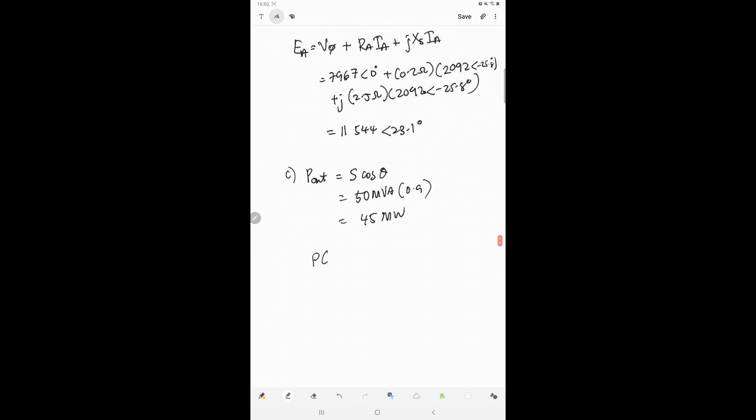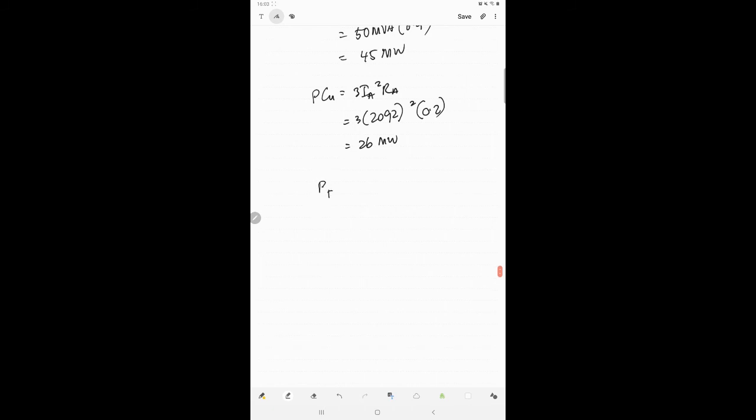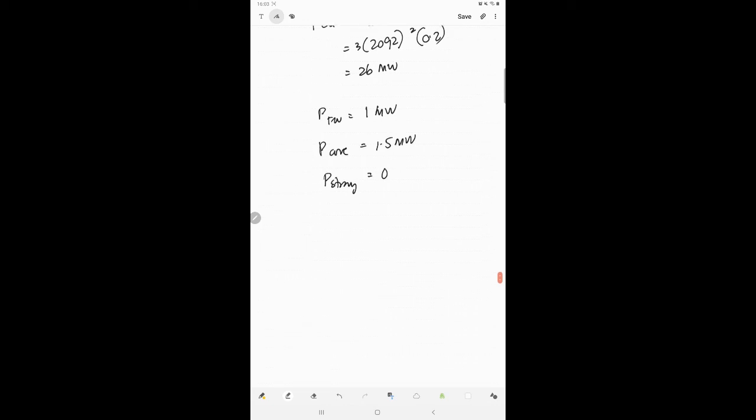The copper losses are 3 IA squared RA. So this is 3 times 2092 squared times 0.2, which gives 2.6 megawatt. The friction and windage losses are given as 1 megawatt. Core losses are given as 1.5 megawatt. Stray losses are negligible here since it doesn't say anything.